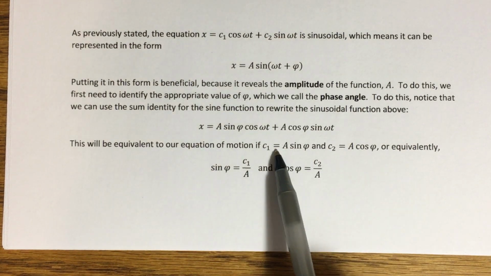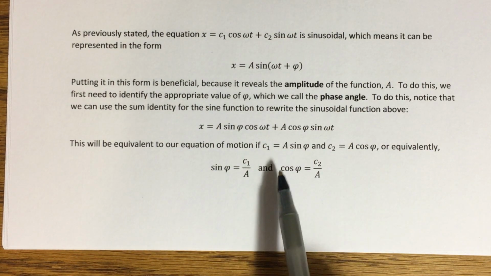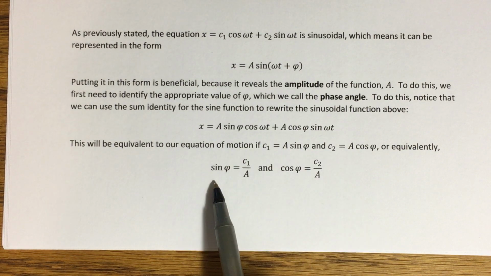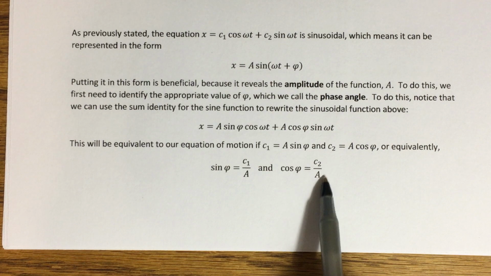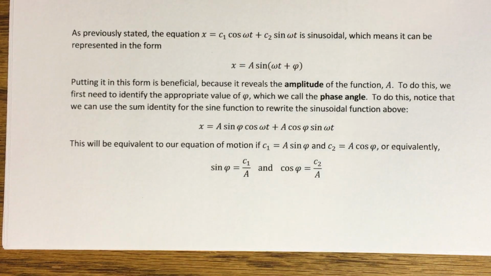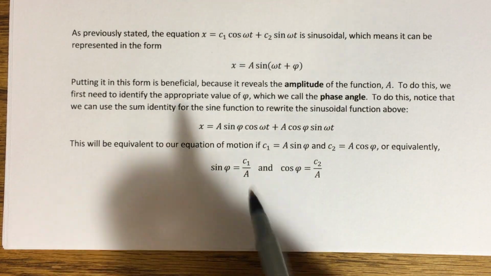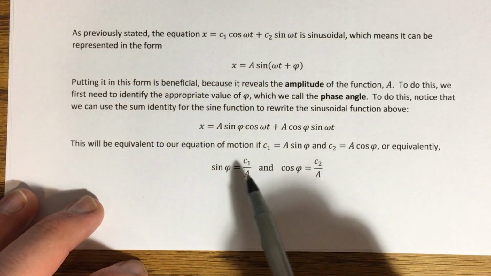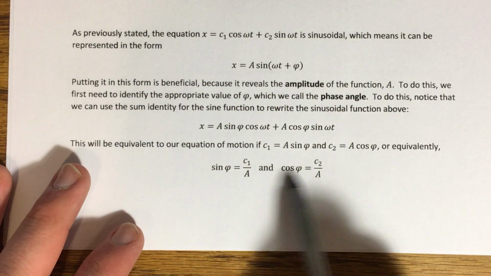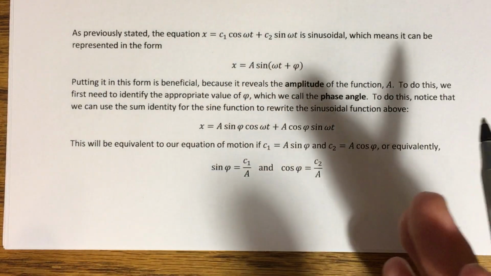And then if I divide both equations through by a, equivalently I could write this: sine of phi equals c1 over a, cosine of phi equals c2 over a. All right. Now, C1 and C2 do not have to be positive numbers, but if we just think of them as positive numbers to put a visual to this, then I can associate these two relationships to a right triangle.